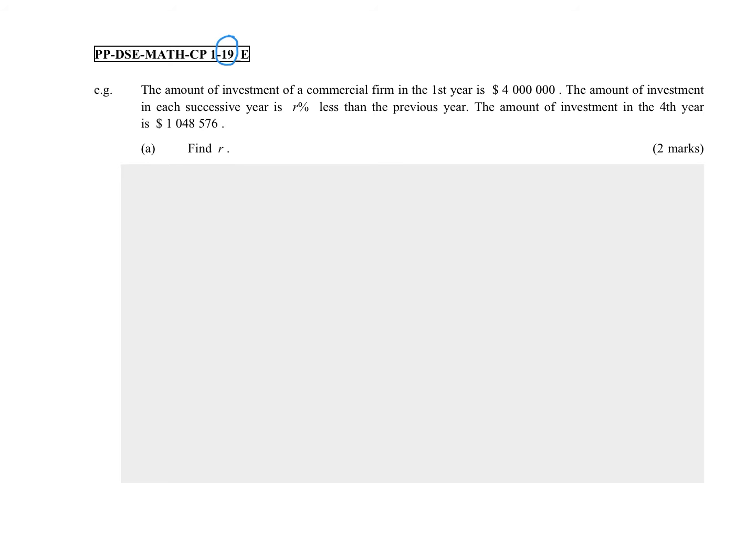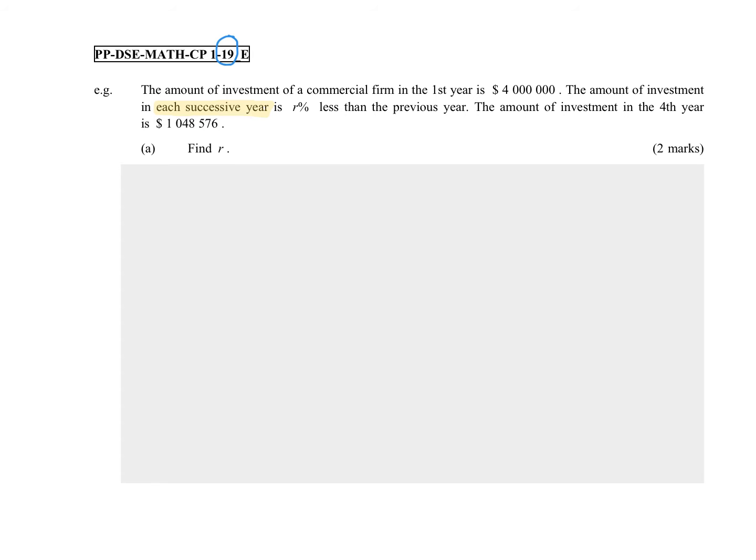So for part A, the amount of investment of a firm in the first year is $4 million, and the amount of investment in each successive year, that means every following year, will be R% less than the previous year.